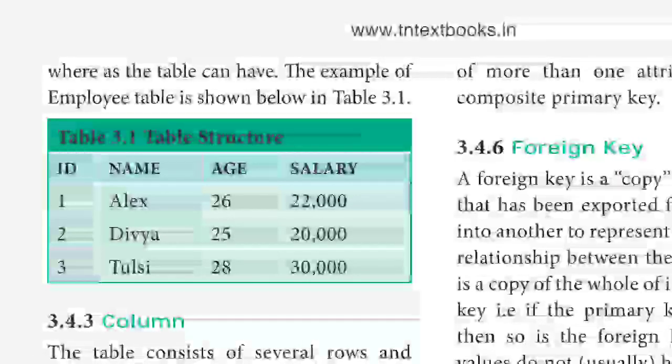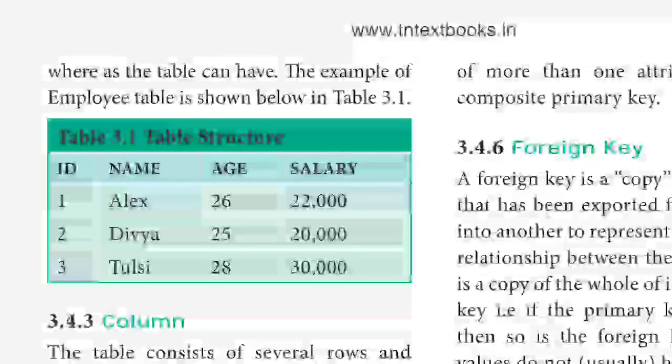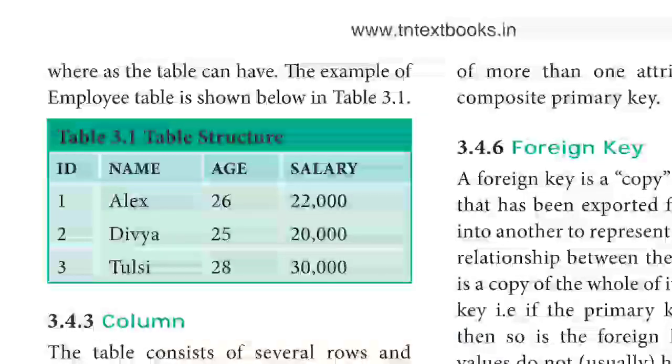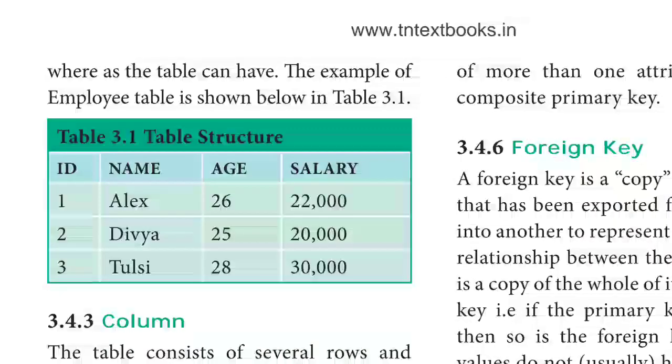In that you can see that 4 columns and 4 rows are there. ID, name, age, and salary are columns, which consist of ID numbers, names of different users, the age of different names, and the salary of their employer. Here you can see employees.